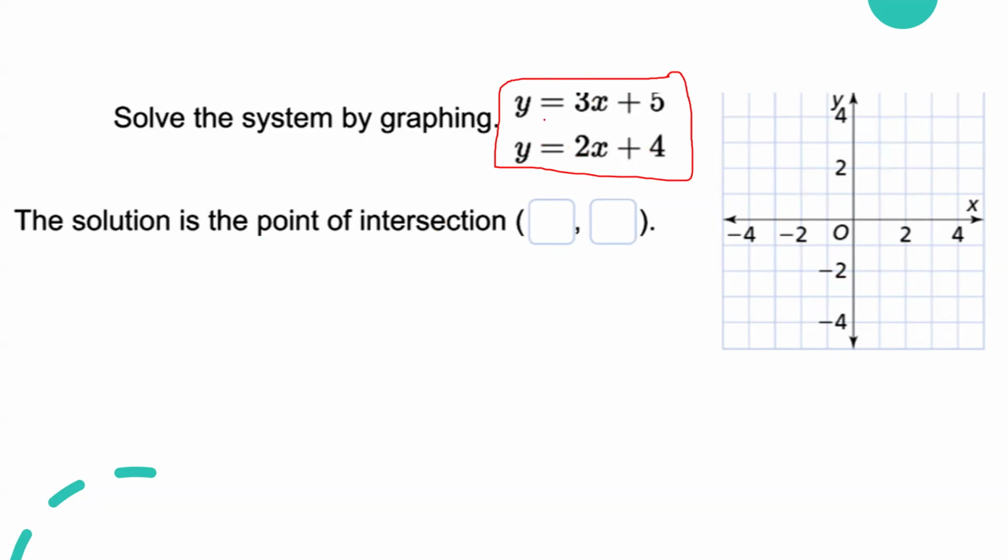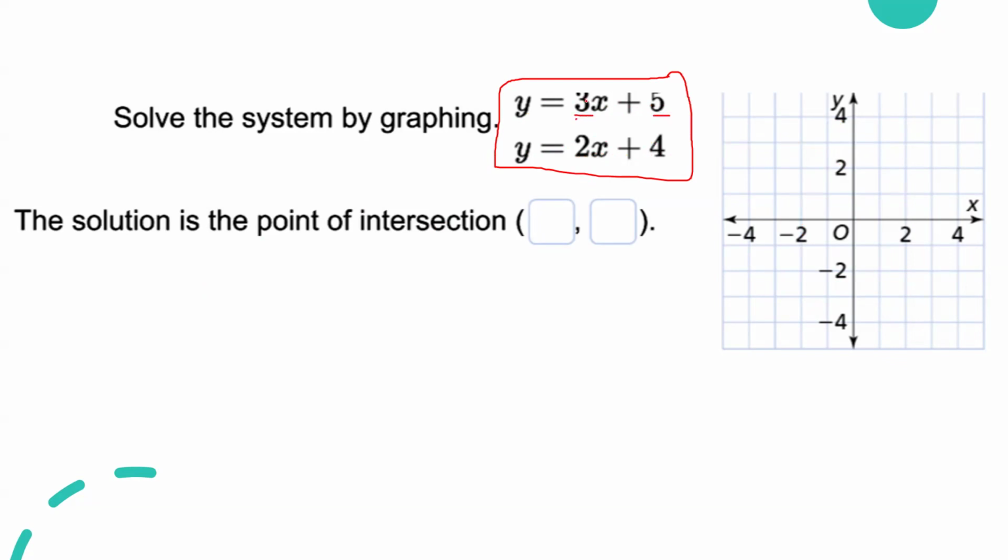All right, so here we have y equals 3x plus 5, y equals 2x plus 4. In graphing an equation, we need two things here. These two equations are in what we call slope-intercept form. So we are going to need our y-intercept and we're going to need our slope.